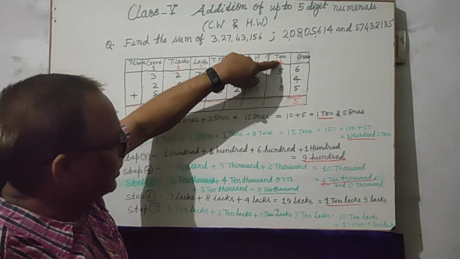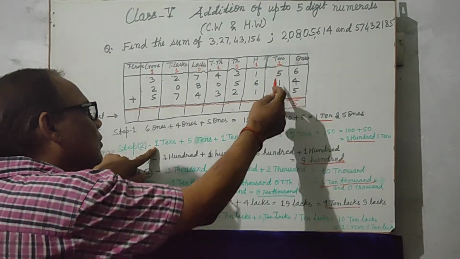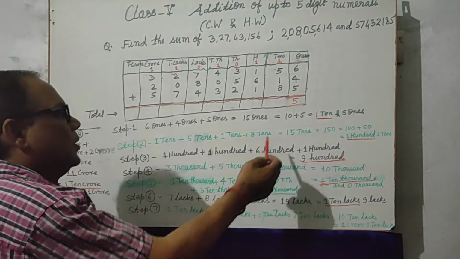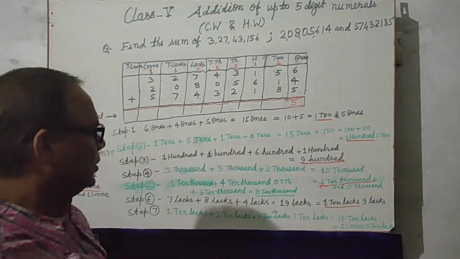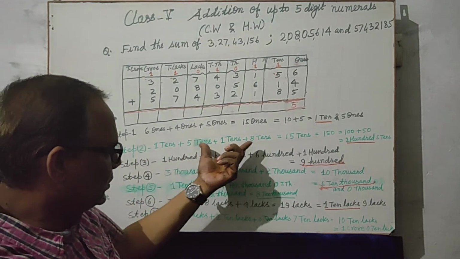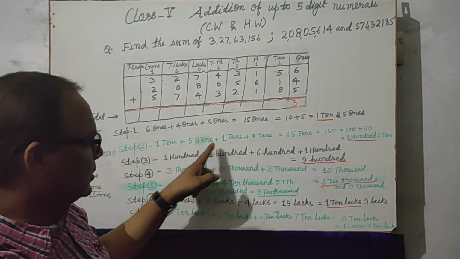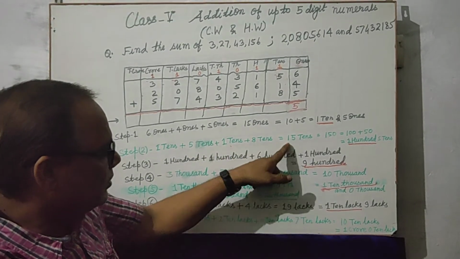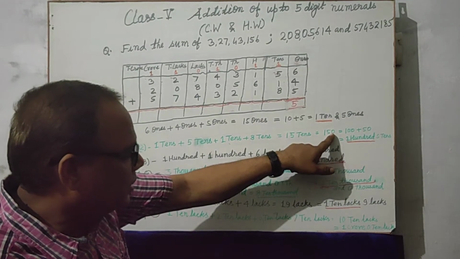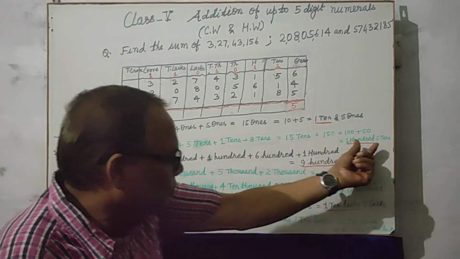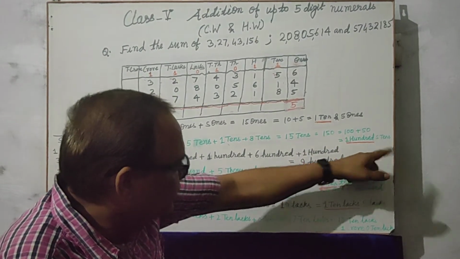This carry 1 ten, 5 tens, 1 ten, and 8 tens. Sum these tens: 1, 5, 6, 7, 8, 15 tens. 15 tens means 150, which is 1 hundred and 5 tens.